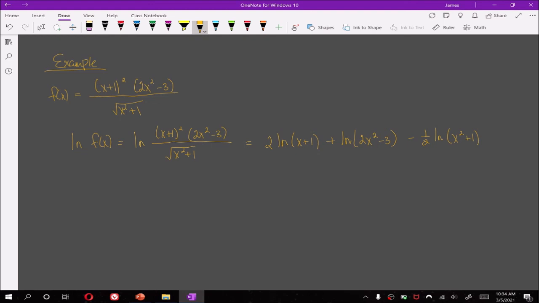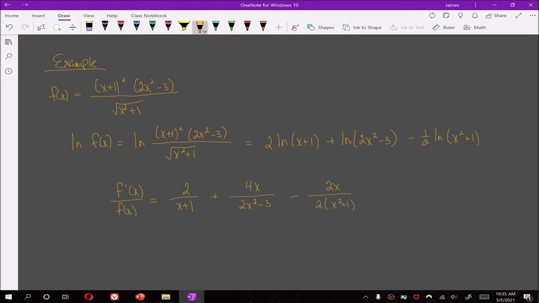Let's use implicit differentiation on this, right? So we'll have f prime of x over f of x is equal to 2 over x plus 1 plus 4x over 2x squared minus 3 minus 2x over 2 times x squared plus 1.